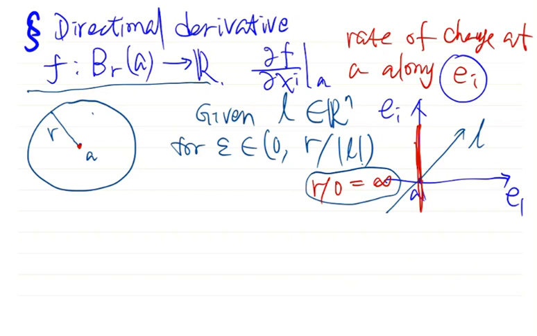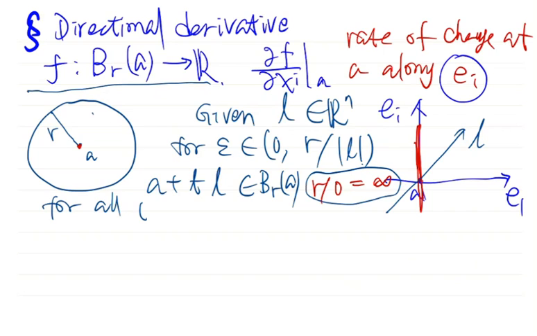Then whether L is 0 or not, for any ε in this interval, 0 and R over the norm of L, the point A plus tL belongs to this neighborhood for all t in the interval (−ε, ε), as you can see.